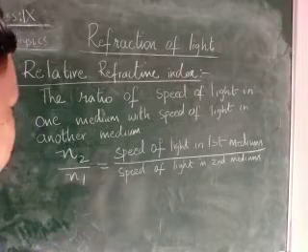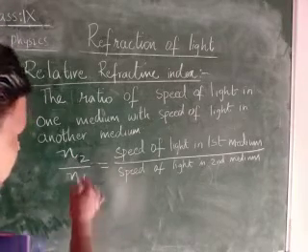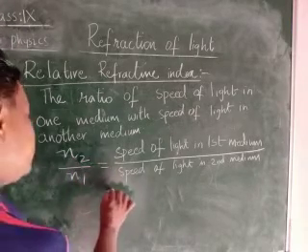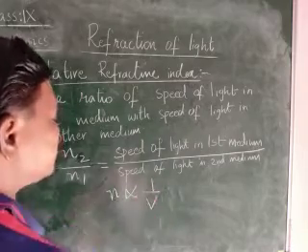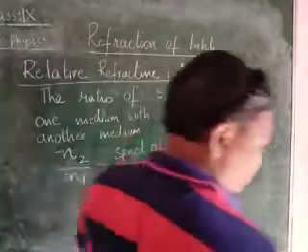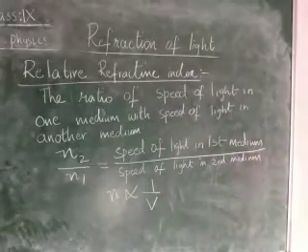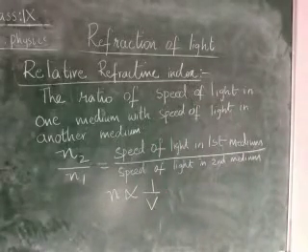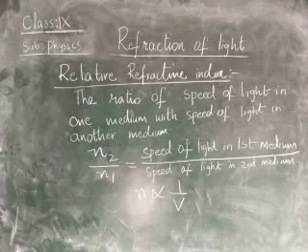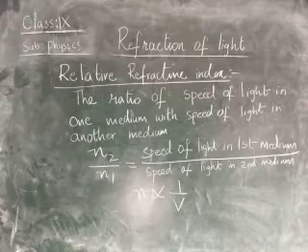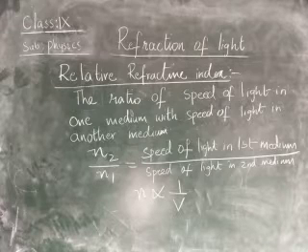Why? Because refractive index is inversely proportional to its velocity. When the refractive index increases, the velocity decreases.